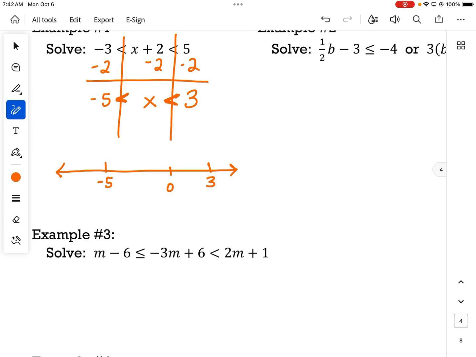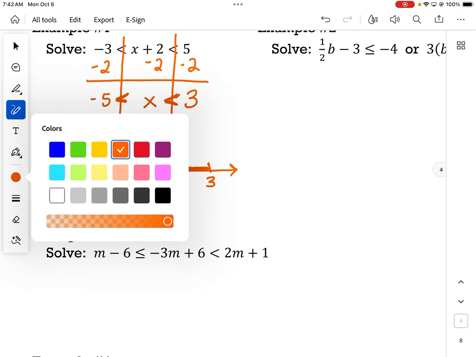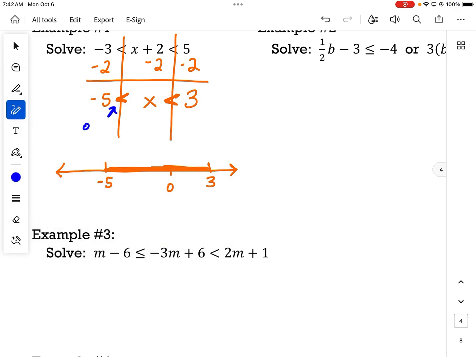Okay, we're going to graph this on the number line. They're both less than, so that means we're going to shade between them. And then we need to do open or closed circles depending on the inequality. Yeah, they're both going to be open. This is open because it's not the or equal to, and this is open.